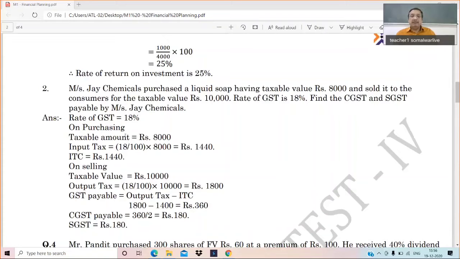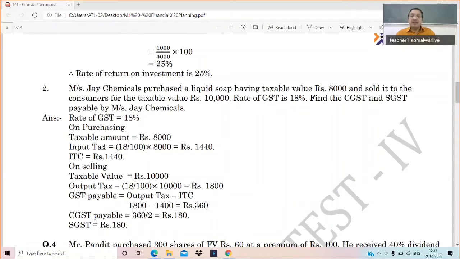On purchasing, the taxable amount is rupees 8,000. So the input tax, meaning the tax paid at the time of purchasing, was 18% of 8,000, because 8,000 was the taxable value, that gives 1,440 rupees.